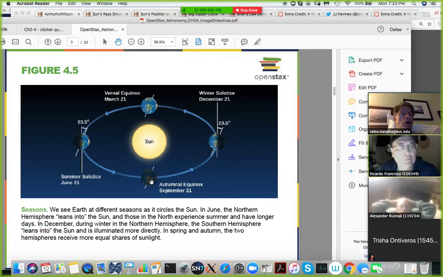And for astronomical reasons, we define the vernal equinox as March 21st, the point where the sun exactly crosses that point. So no matter how many thousands of years in the future, March 21st will be defined as the point where the sun is crossing the celestial sphere.